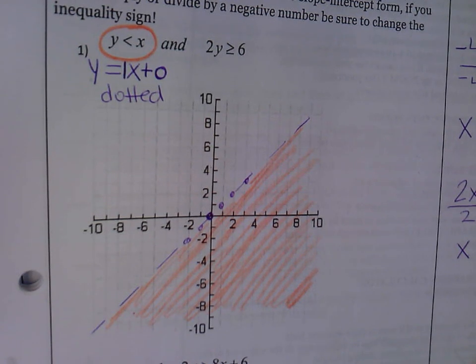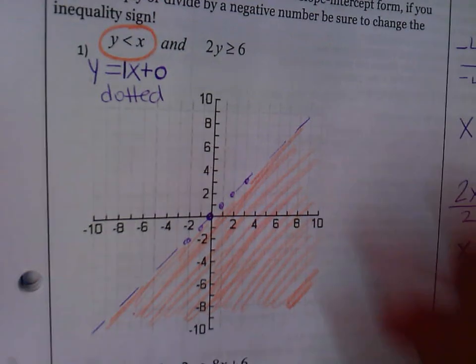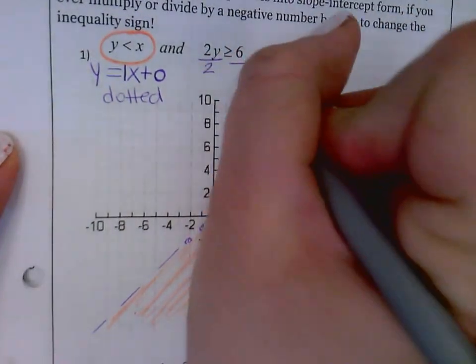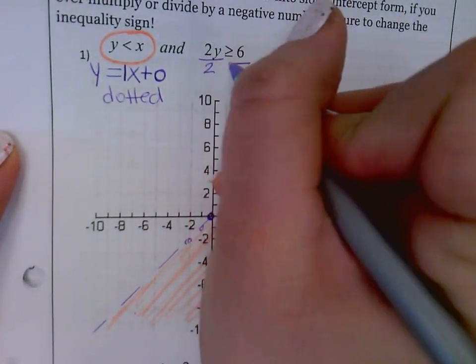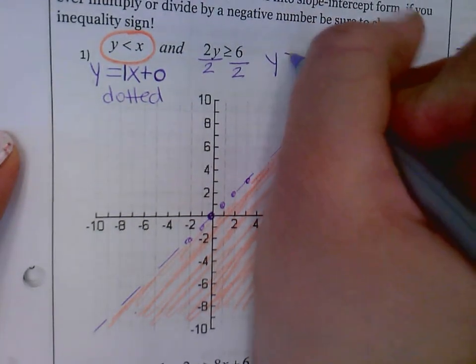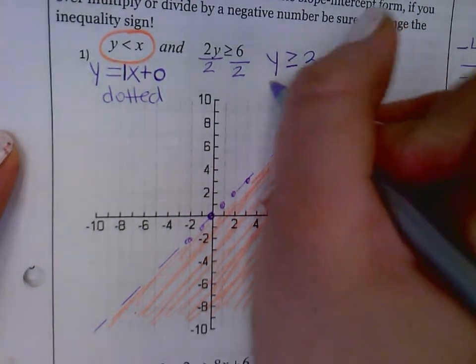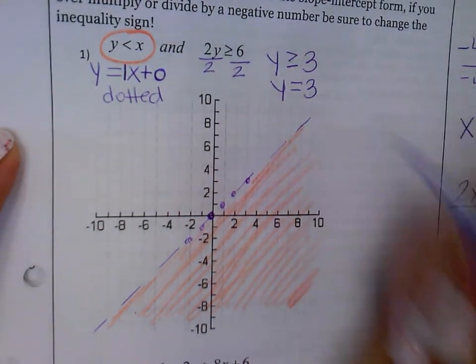So now I have to graph the second line and see where they intersect each other, or the second inequality, I should say. How can I get that solved for y? What should I do first to solve that for y? I should divide by 2 on both sides of the inequality, and I don't need to flip the sign around, right? Y is just greater than or equal to 3. So y equals 3 is my equation.